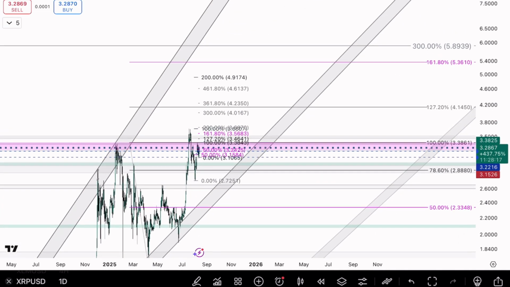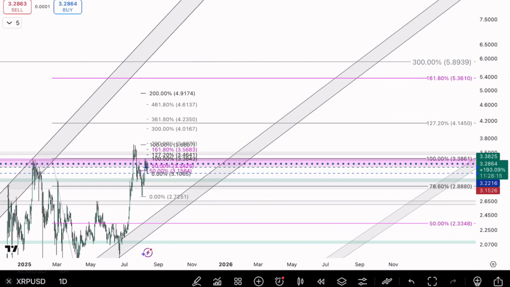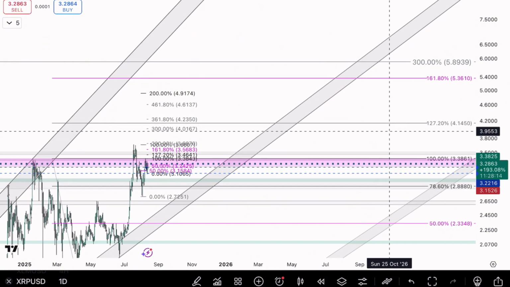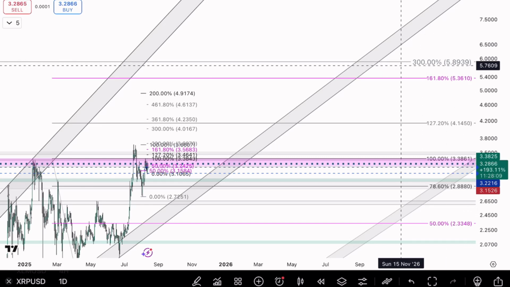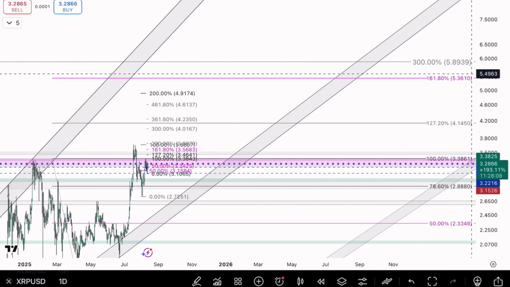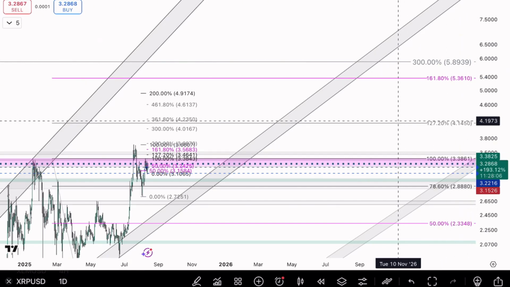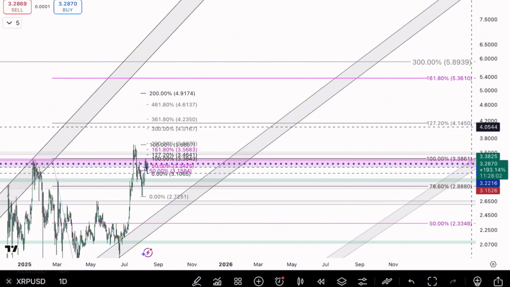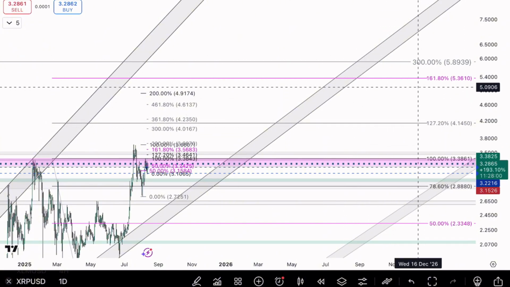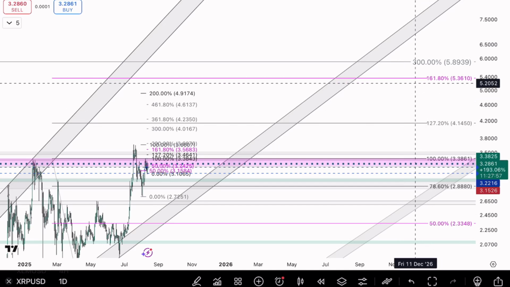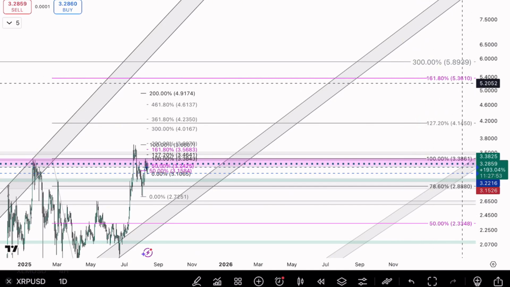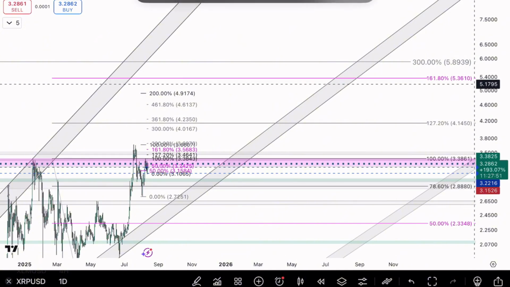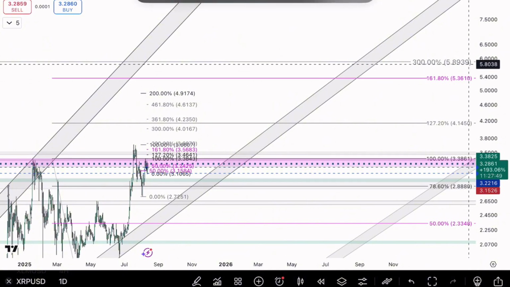Yeah, so next level is this 1.27, and then it's 5.89. But first I want to see, can it bypass this 4.14? Then if it can bypass that, I would set a target at around 5.30 to 5.80.